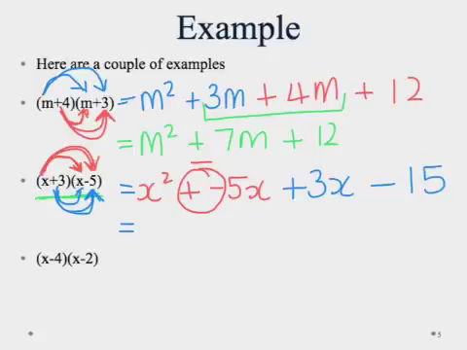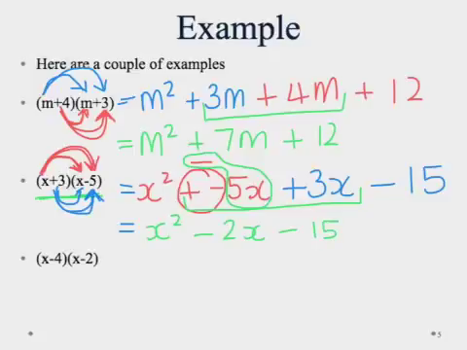Now, grouping our like terms, we have 5x and 3x, but it's actually minus 5x. So it's minus 5x plus 3x. So we end up with x squared, minus 5x plus 3x is minus 2x, minus 15.